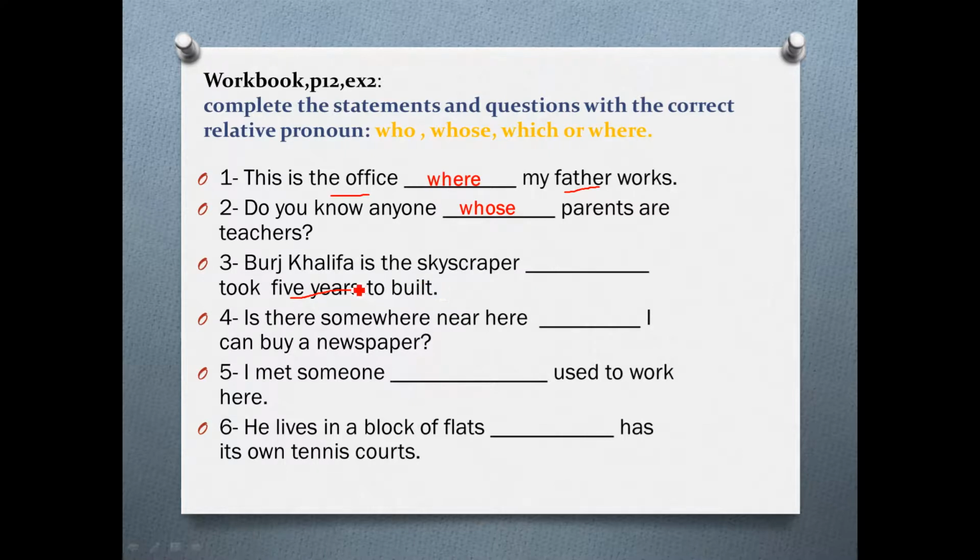So the second sentence says took 5 years to build. تقول أن هذا البرج تم بناؤه خلال 5 سنوات، فبالتالي I'm referring to the process of building. أنا أتكلم عن عملية البناء وليس عن المكان نفسه، فبالتالي I'm gonna use which. برج خليفة is the skyscraper which took 5 years to build.